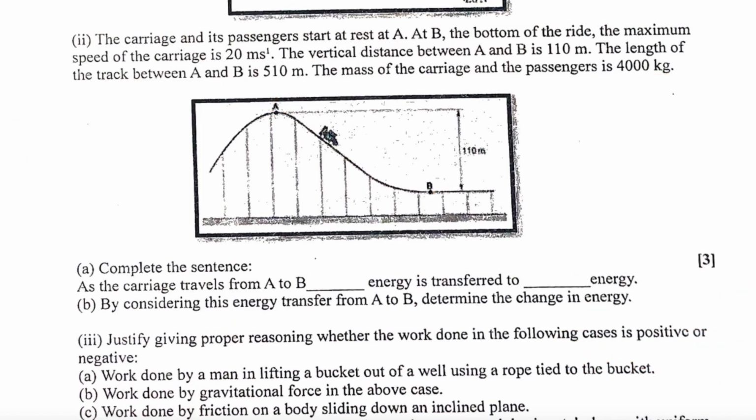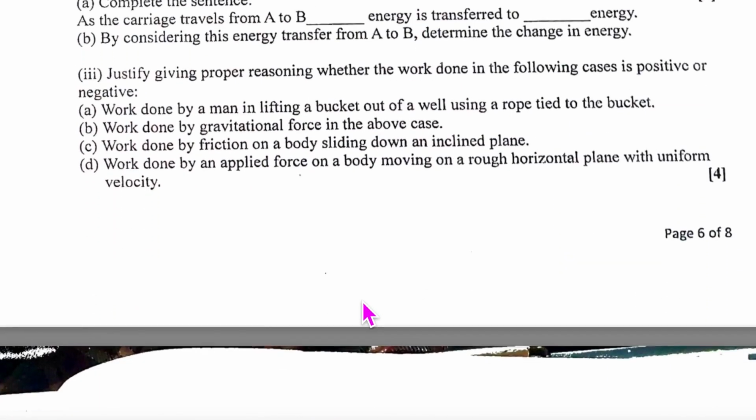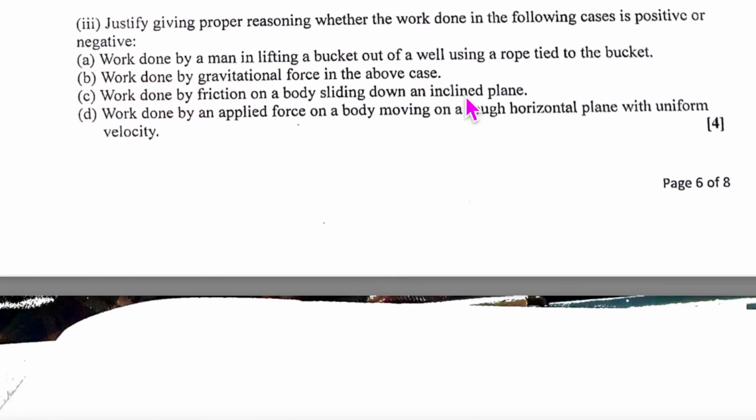Justify with reasoning whether the work done in the following cases is positive or negative. A. Work done by a man in lifting a bucket out of a well using a rope tied to the bucket. Work done by the man is positive. He is applying effort like this, displacement also like this, correct? Yes.